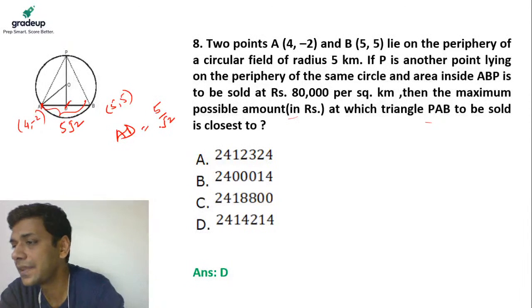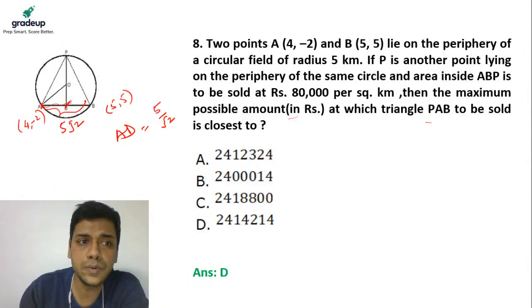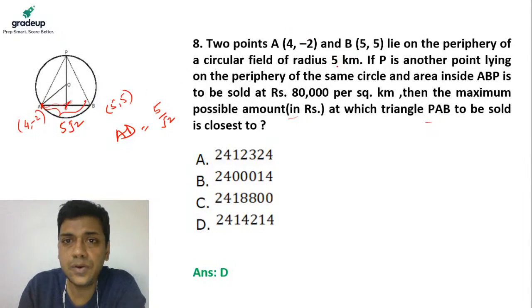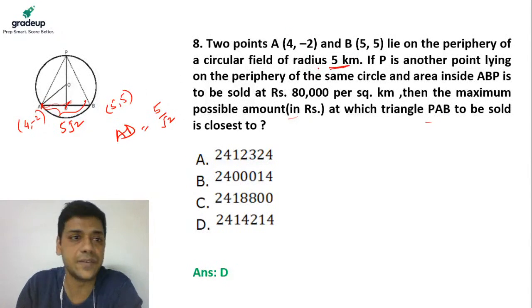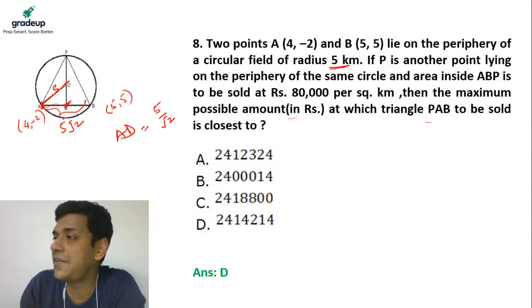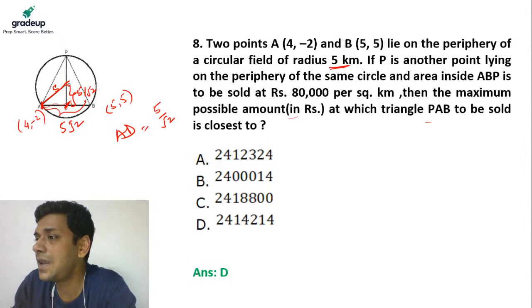If AD is 5 upon root 2, and I know that the radius of the circle is 5, so I know AO is 5, and AD is 5 upon root 2. Can I say OD will also be 5 upon root 2?